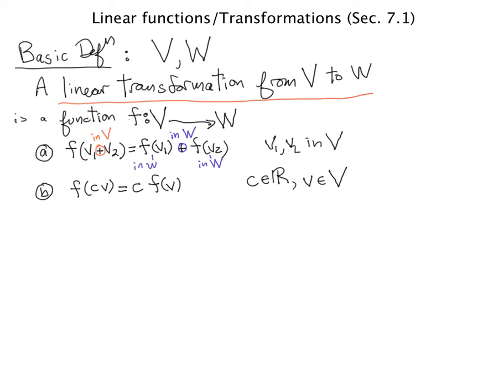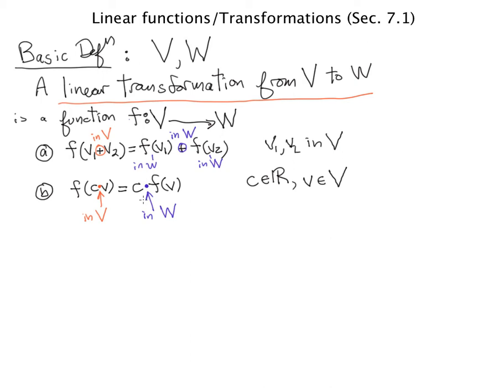And similarly, this scalar multiplication here, if I write it as a dot, is scalar multiplication in V, whereas this scalar multiplication here is scalar multiplication in W. And so again, F is relating the scalar multiplication operation in V to that in W. And so, what's a vector space?